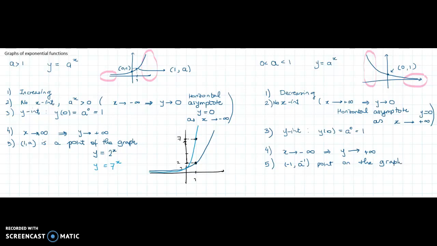And let's see if we need to compare two such functions. Let's say we are looking at y equals (1 over 10) to the power of x and y equals (1 over 3) to the power of x. Let's put brackets to make this more clear.